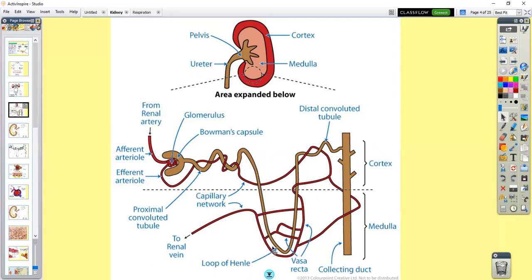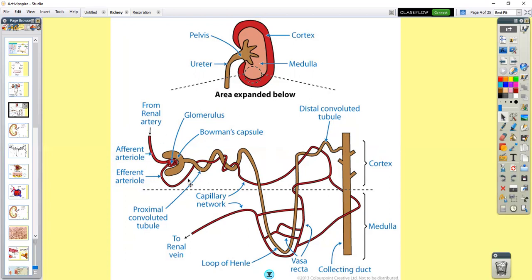The ascending limb turns at the apex there and passes back up through the medulla into the cortex. You have your distal convoluted tubule, and then the collecting duct, which brings the waste material down, passes back down through the cortex, down through the medulla, and then into the pelvis region and down into the ureter.